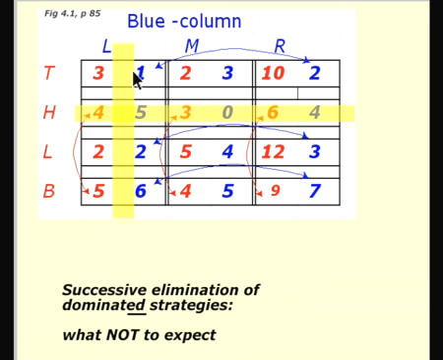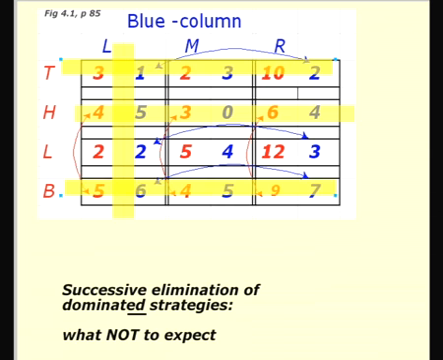Because if we eliminate this column here, then look, 5 is bigger than 2, 5 is bigger than 4, 12 is better than 10, 12 is bigger than 9. So once we've eliminated the left column, the L column, then L does dominate the other alternatives. So we can eliminate those two.